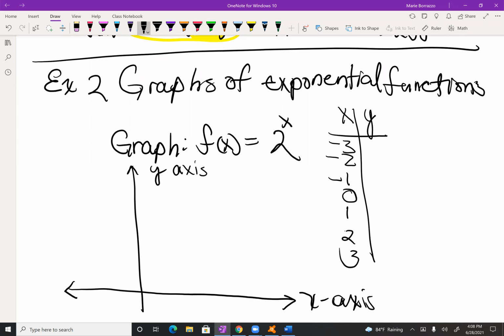And so in essence, again, we're substituting because this is just 2 to the negative third, 2 to the negative 2, 2 to the negative 1, 2 to the 0, 2 to the first power, 2 to the second power, 2 to the third power.